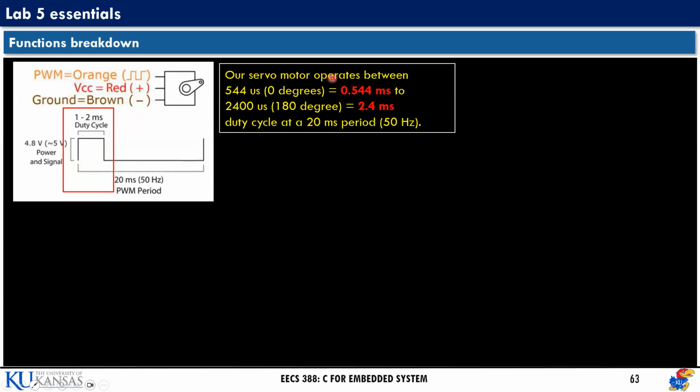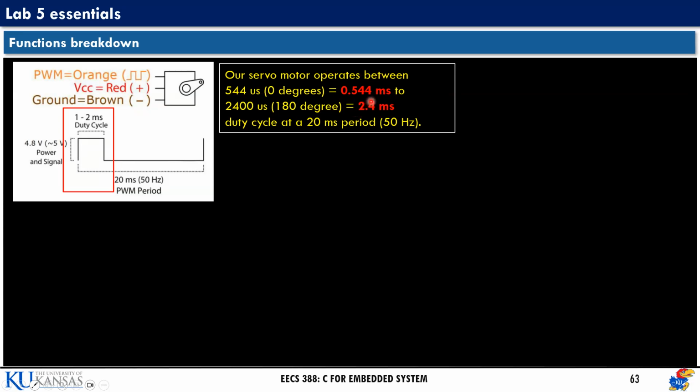If we further break down the pulse width, the servo motor can operate from 0 degree. It starts from 544 microsecond, that is 0.544 millisecond, to 2400 microsecond, that is 2.4 millisecond. So our servo motor operates between these values.